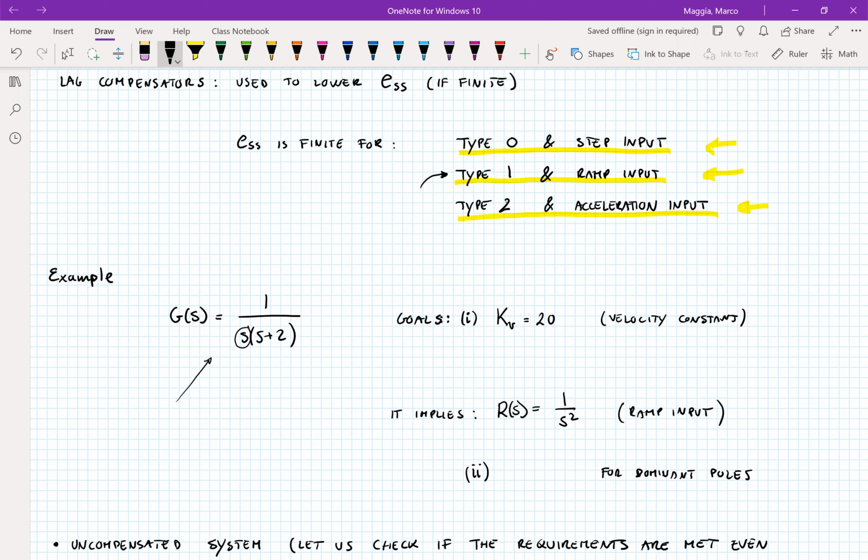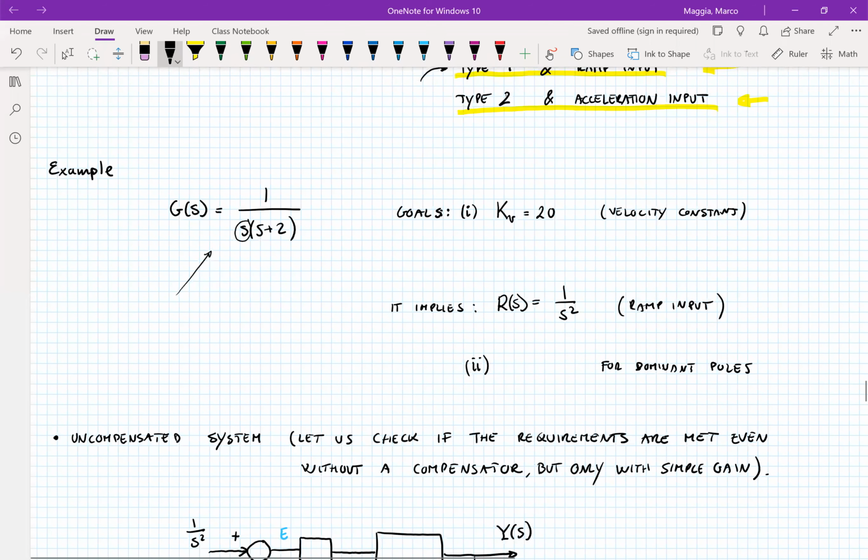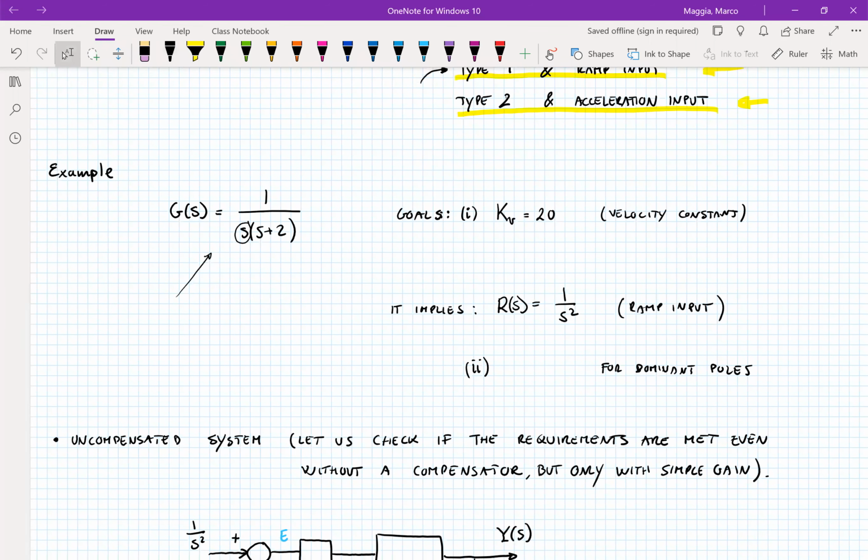Finally, the other requirement that we have is that the damping ratio for the dominant poles should be equal to 0.447. All right, so we want one, the velocity constant equal to 20, and two, the damping ratio associated with the dominant poles to be equal to 0.447.